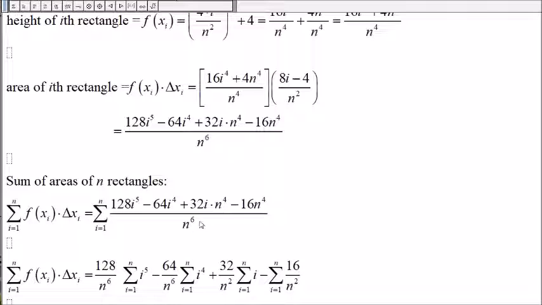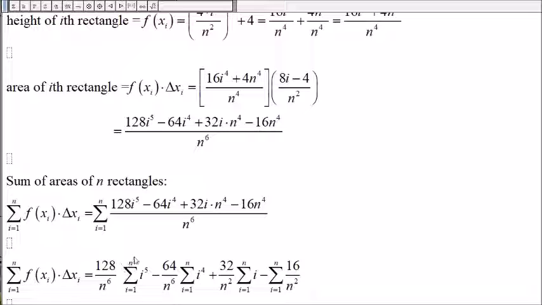When we do n to the fourth divided by n to the sixth, we have n to the second in the denominator. And then 32 is 32, and then here we have the i. And then the last term, we have 16 n to the fourth divided by n to the sixth, then we get 16 over n squared.